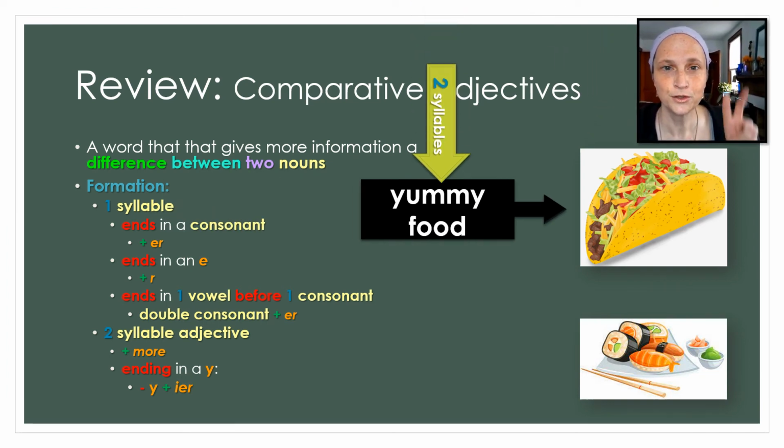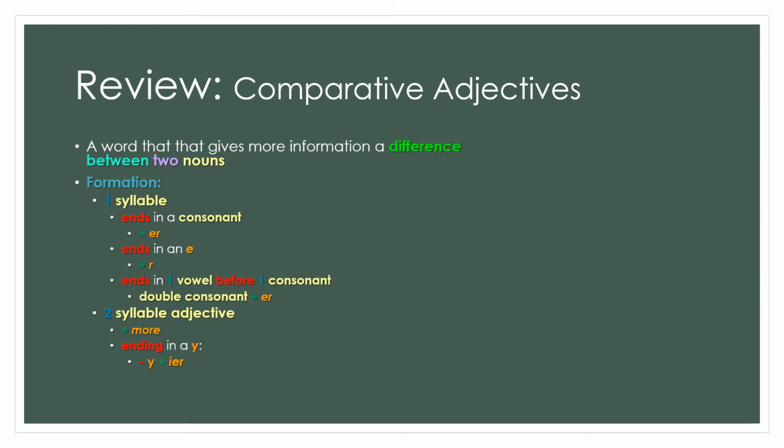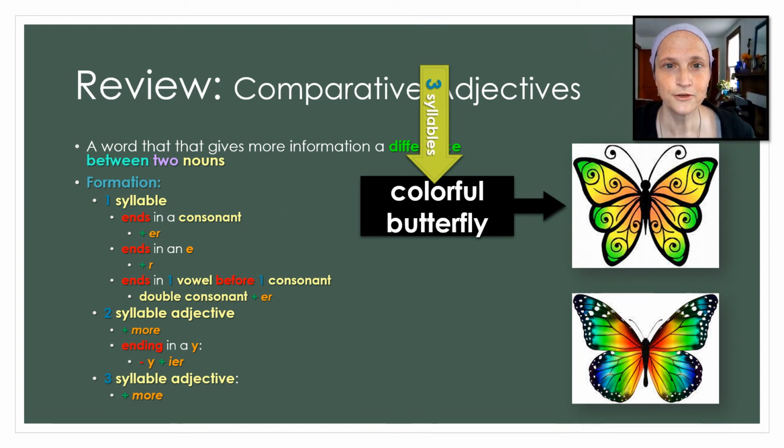Yummy, two syllables, yummier. If you have a three-syllable adjective, you add the word more before that adjective. Colorful, three syllables, more colorful.